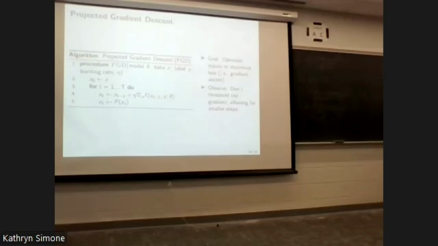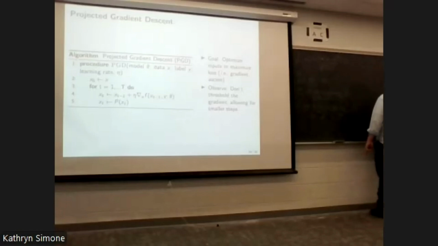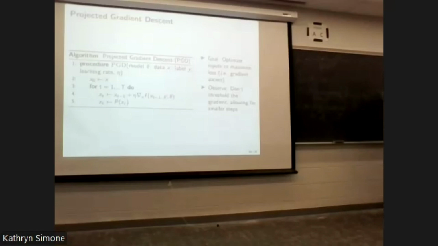So what that looks like is, again, we have our epsilon box, and we'll take little gradient steps all the way through, right? And then we'll take a gradient step that brings us outside of the box, and then we just re-project it. So this becomes our new gradient step. And then we take another step.